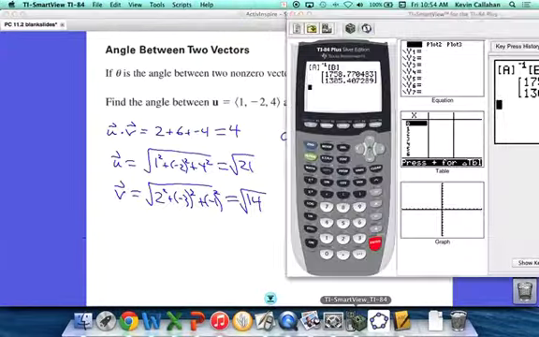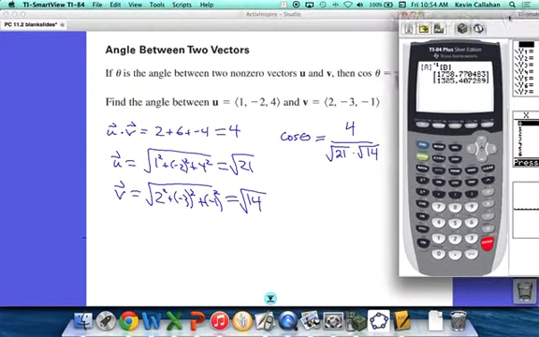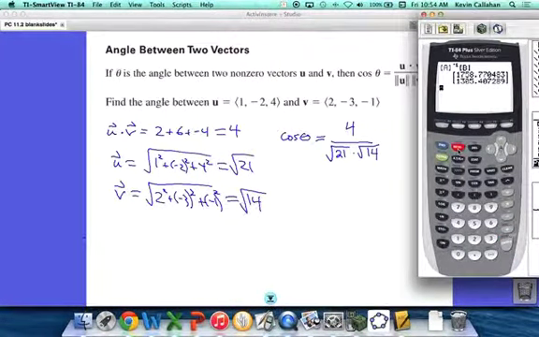And I'm going to do that on the calculator. Okay, so that is 4 divided by square root. Now I'm just going to put it all inside the one square root because that's the way radicals work. 21 times 14. There, I don't even need any more parentheses or anything. 0.2333.